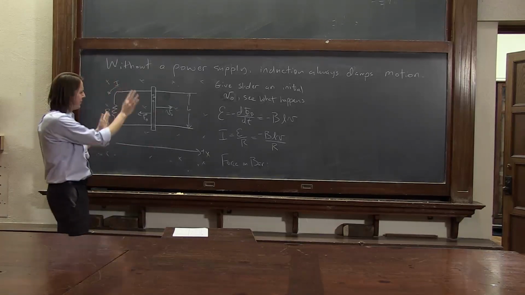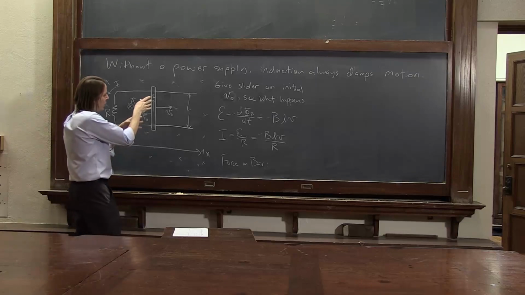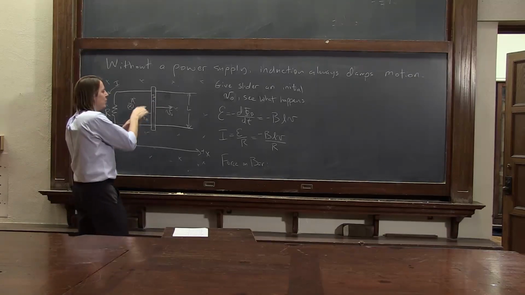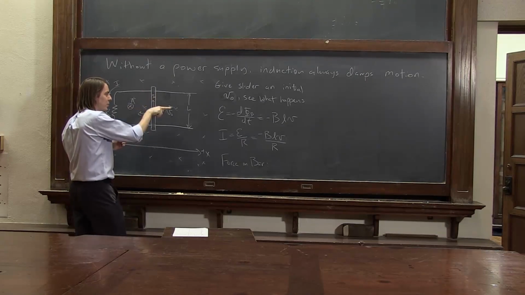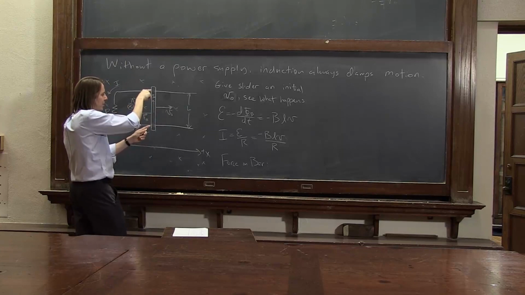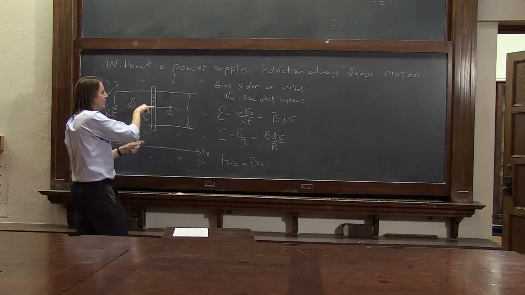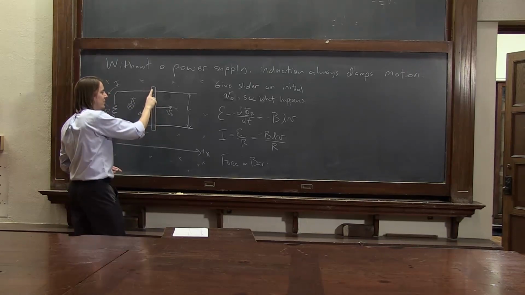And you might think we already used that force. We used that force to get the induction. And actually, no, we didn't. When we thought about the induction, we said the free charges in the metal are moving this way. And we said that V cross B caused the polarization, which ends up causing induction. Now we have something different. Not a velocity this way. We have a velocity of charge carriers, if they're electrons this way and if they're positive that way.